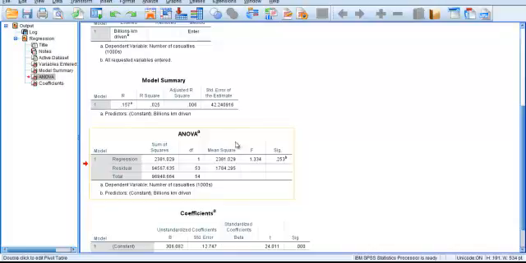So we don't know what direction this is going, but we also see that it is not significant. We have an F value of 1.3 and a significance value of 0.25. We would want that to be 0.05 or lower before we really start to get interested. So right now I see that the miles driven is not a good predictor of casualties, and that the correlation between the two is not significant.